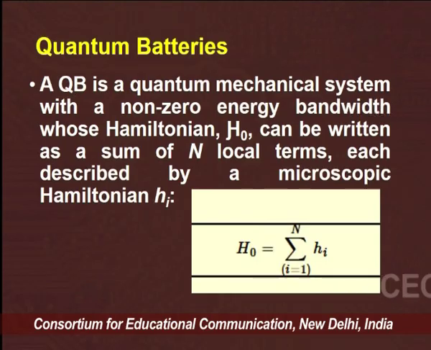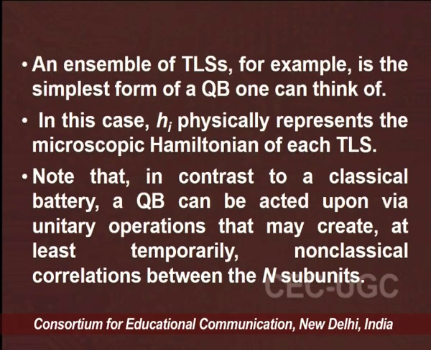So, collectively we will take H naught equal to the sum from i=1 to N of Hi, all microscopic Hamiltonian terms. An ensemble of N TLS, for example, is the simplest form of quantum battery one can think of. In this case, Hi physically represents the microscopic Hamiltonian of each TLS.